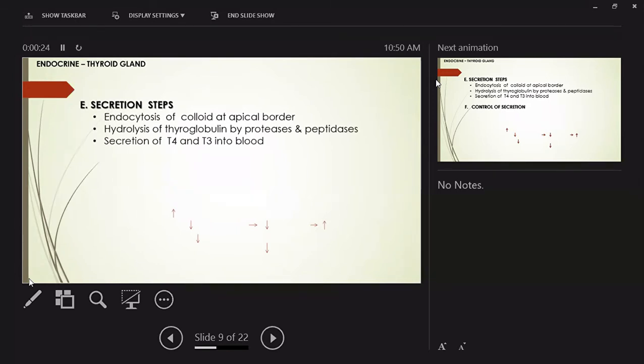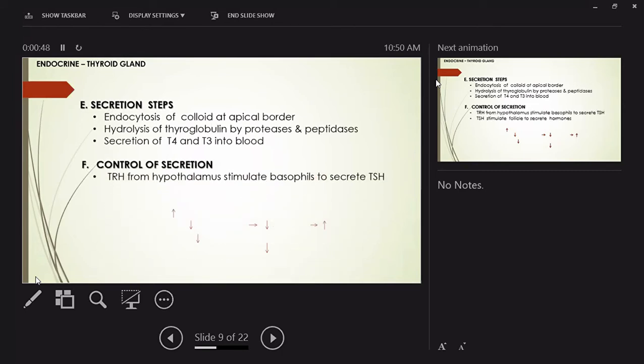So endocytosis of the colloid at the apex of the cell, and then hydrolysis of thyroglobulin by proteases and peptidases, and from the lysosomes, then secretion of your T4 and T3 into the blood.